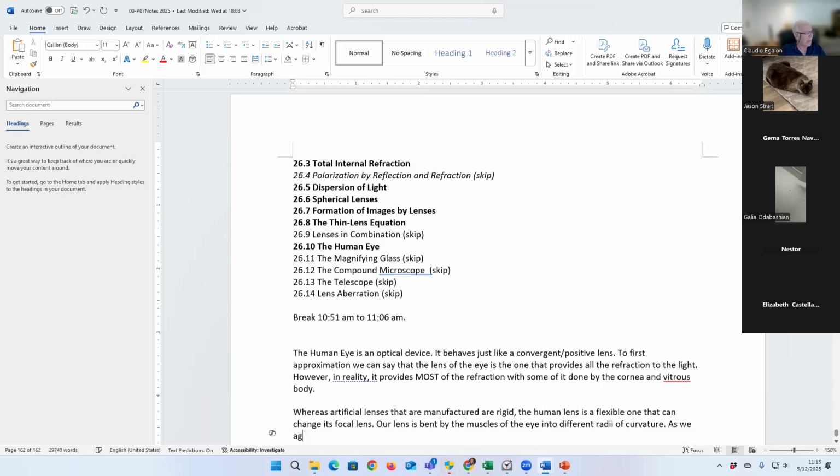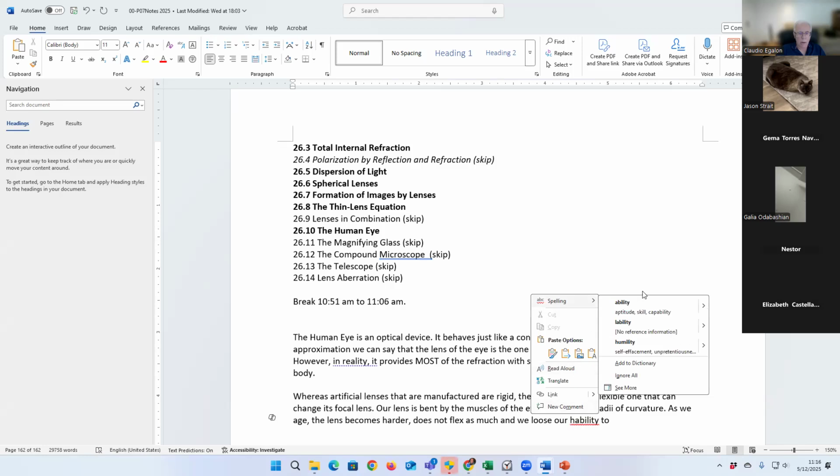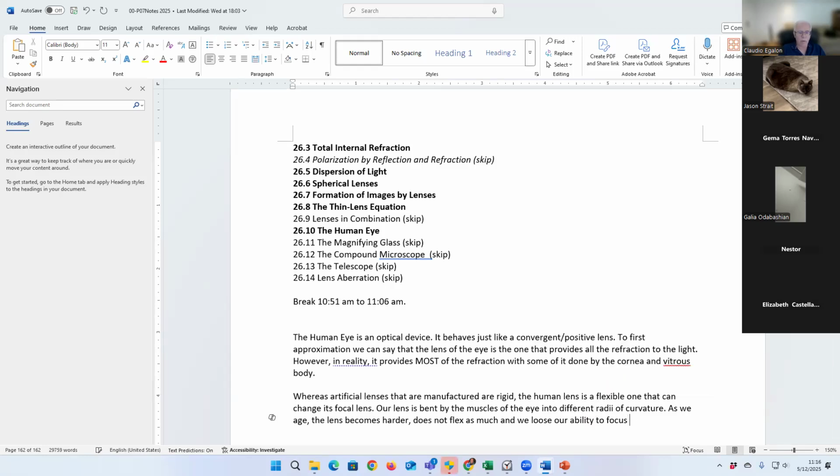As we age, the lens becomes harder and does not bend as much, does not flex as much, and we lose our ability to focus on objects that are closer to the eye.